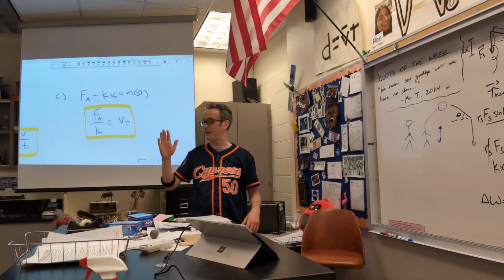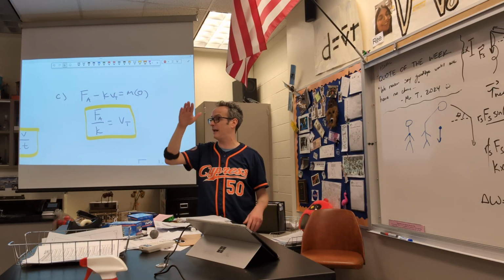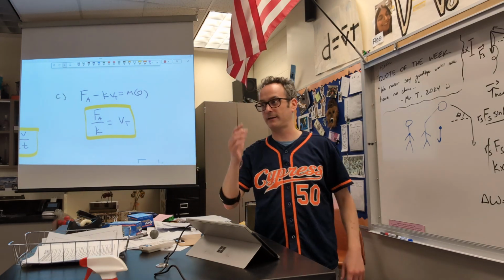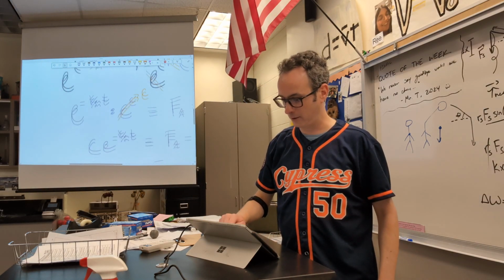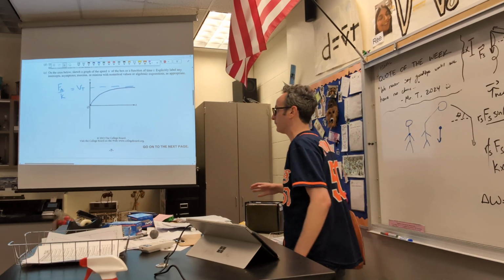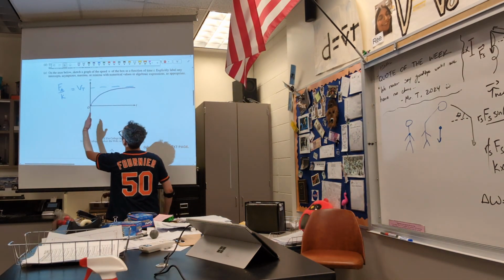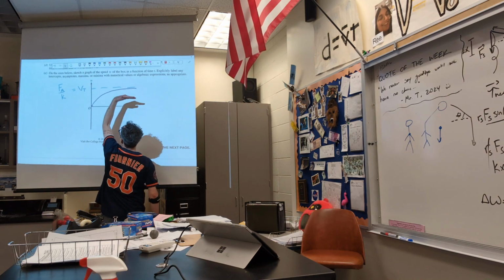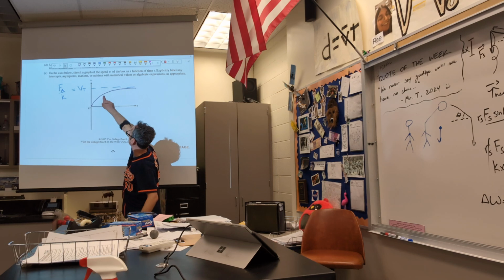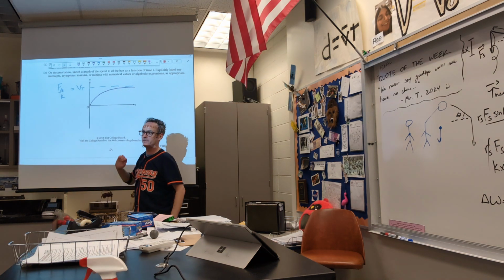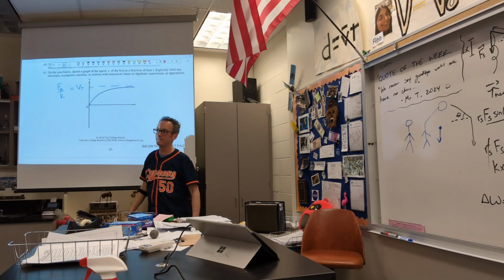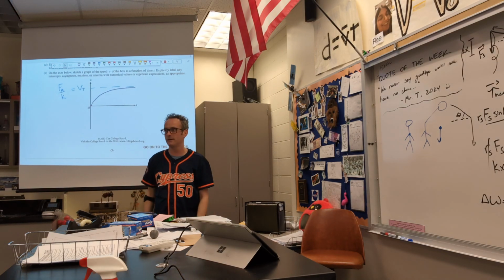So if I make a velocity versus time graph, the slope must end up at 0 upon reaching that terminal velocity. There's only one way you could do that, making a continuous curve, because nature tends not to go like that. It kind of curves in, and then it levels off there. And because you also know you have to start at 0, that's the only way that curve could work.